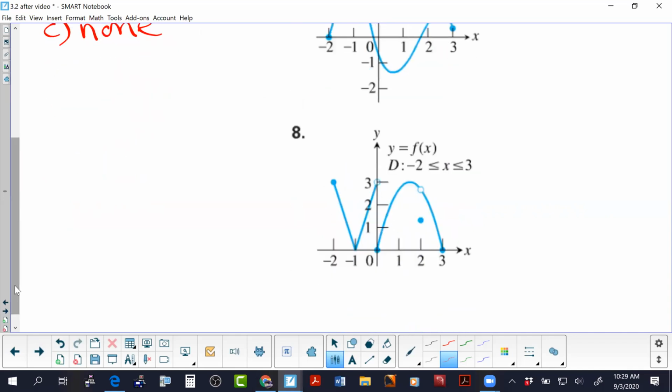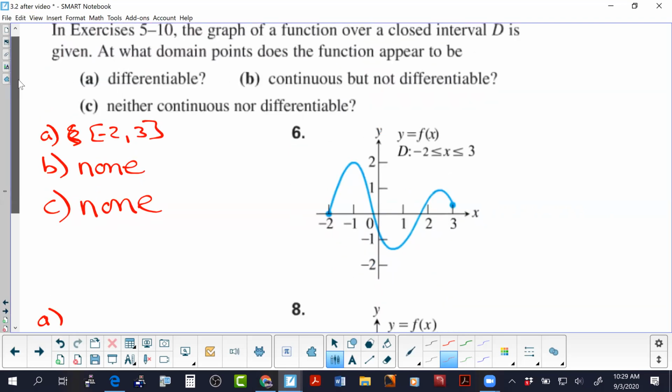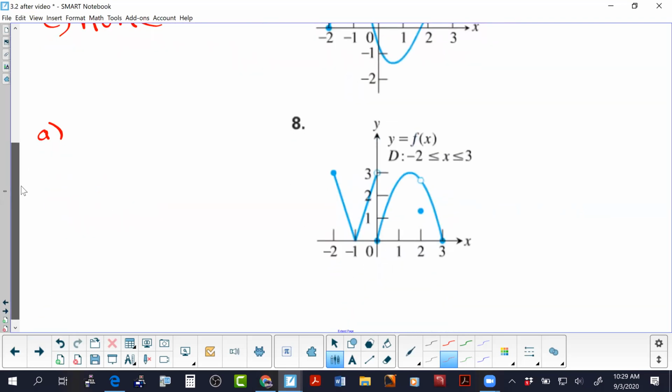Here's a more interesting one. Letter A, where is this differentiable? Well, from -2 to -1, not including -1, there's a corner there. Then -1 to 0, there's a discontinuity there. 0 to 2, not there because there's a removable discontinuity.